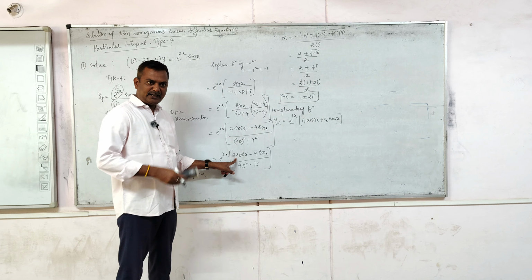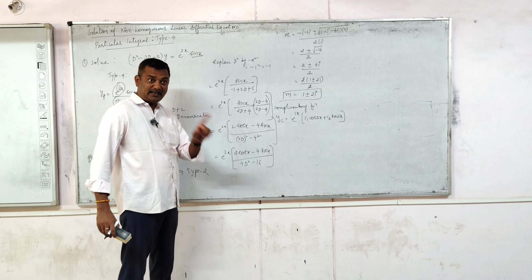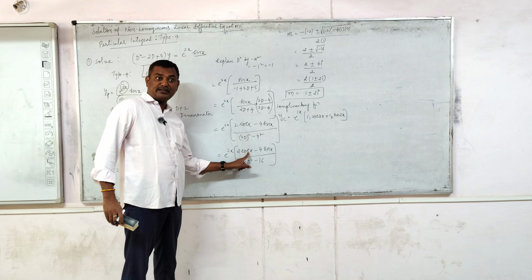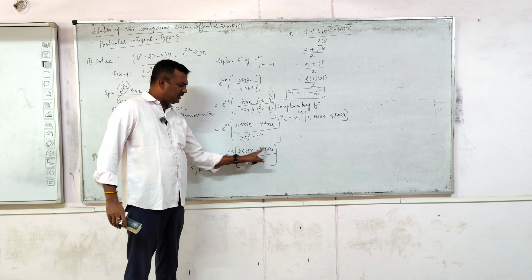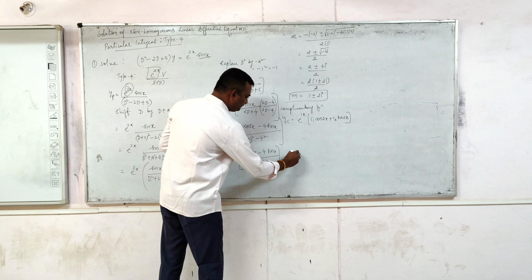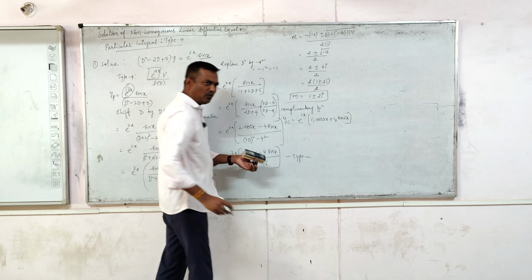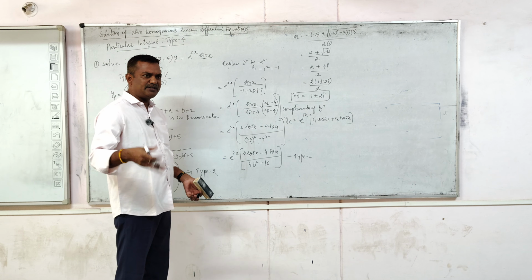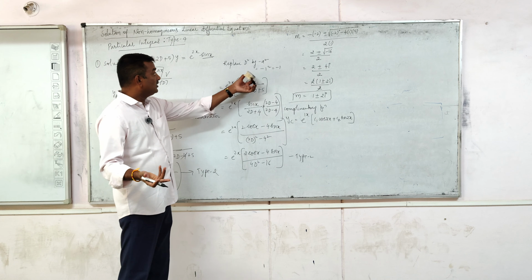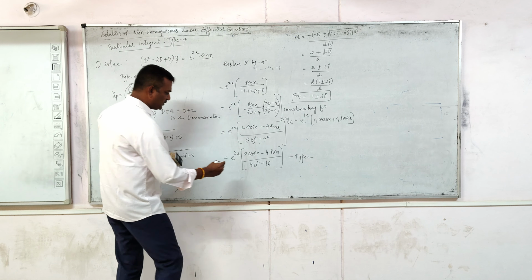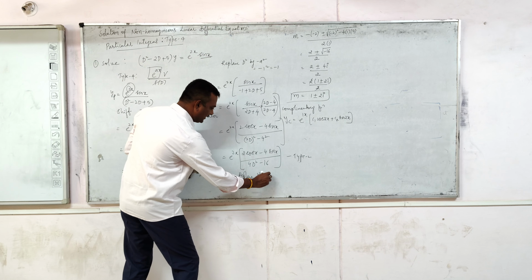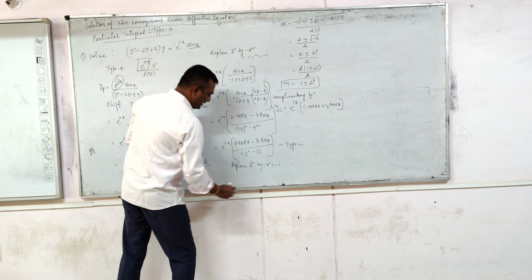Again, just look at the numerator: it is a trigonometric function, so identify the value of a. The coefficient of x is what? 1 only, in both cases. Therefore, it is again a type 2 example. What we have to do is, once again, replace d square by minus a square, which is minus 1.